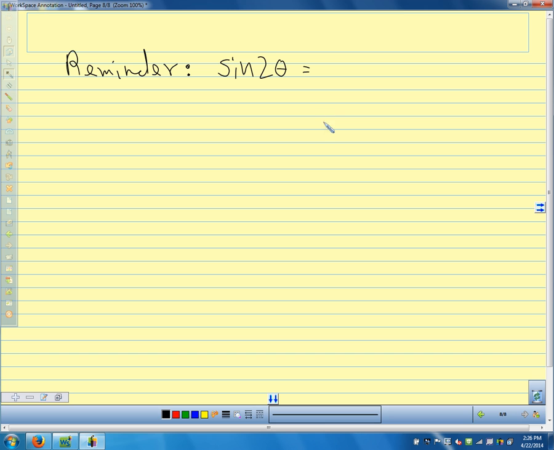We had a nice identity for this. 2 sine theta cosine theta. So sometimes you'll end up with an equation that has a sine 2 theta. You want to use this identity, and then you can multiply, end up with r's in here, so you can get an x and a y. This one comes up a little bit.